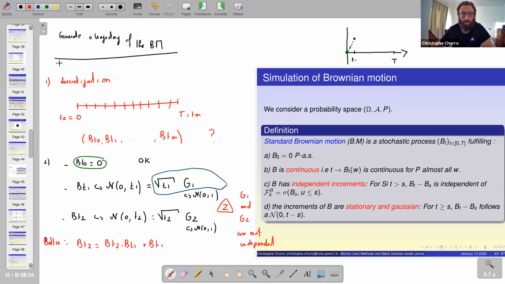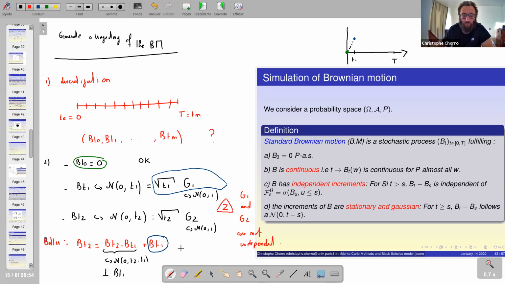From the previous step, I know this one. It is known from the previous step. It is the point in blue here, B_T1. What is nice here is that this increment follows the N(0, T2 minus T1) and is independent of B_T1.